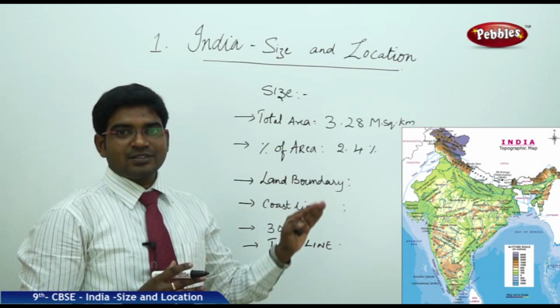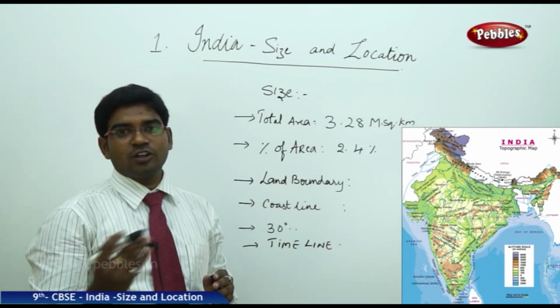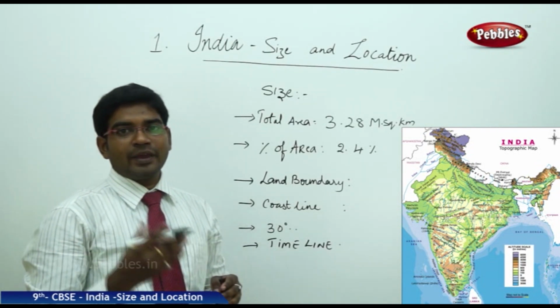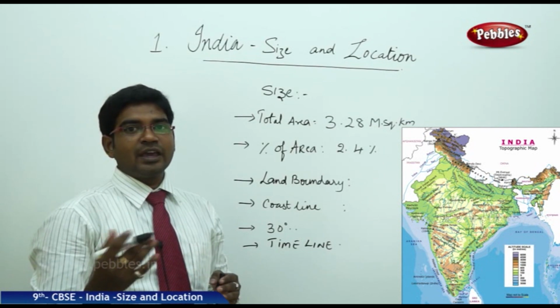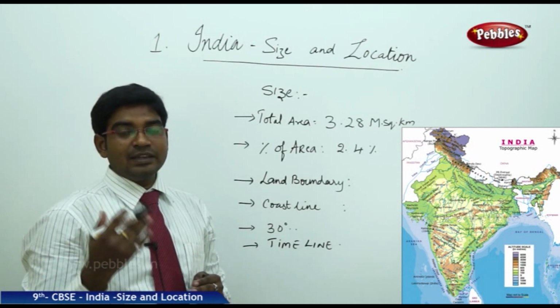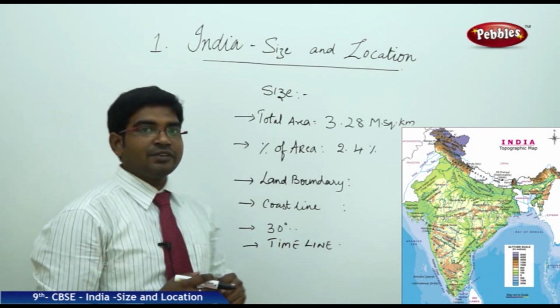But India stands at the 7th place, while Russia with 17 million square kilometers stands at the first place, followed by Canada, and then the US, China, Brazil and the other countries. Later we have our country India standing at the 7th place.